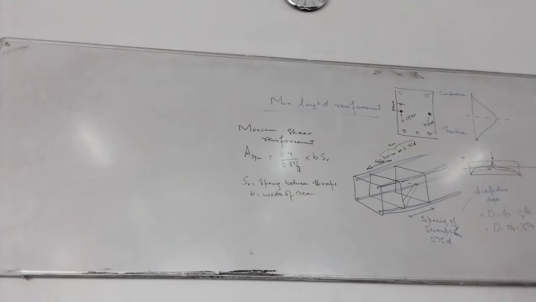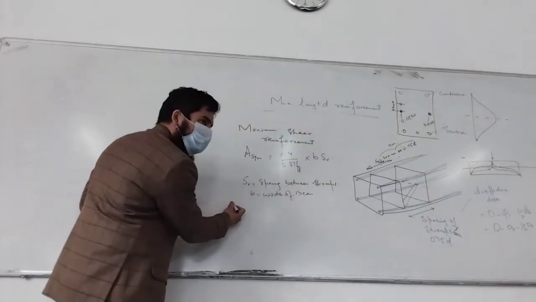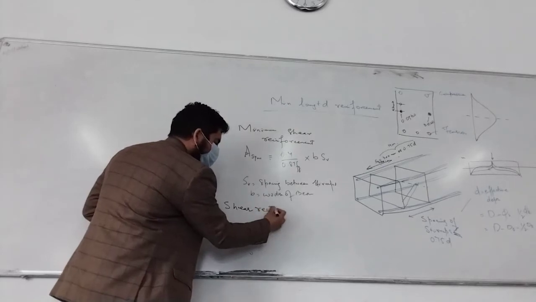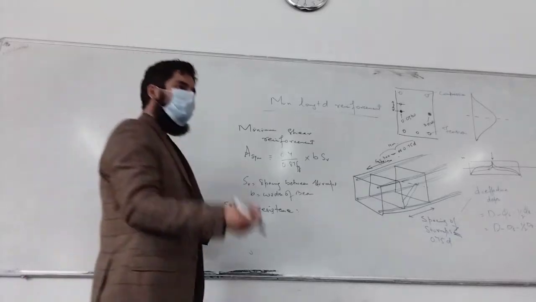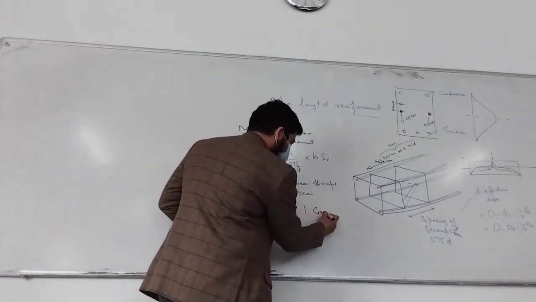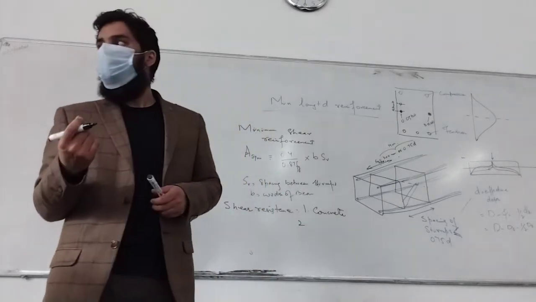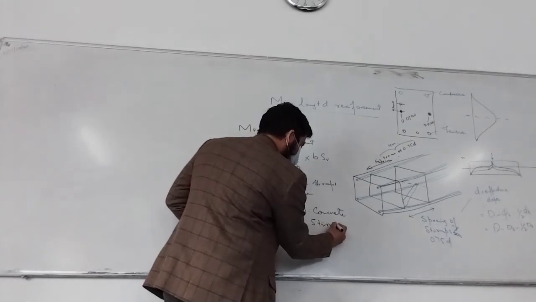Now there is a term given here, design shear strength of concrete. Shear is resisted by three things, as I told you before. One, shear resistance is provided by what things? First, by the concrete. Second, by the stirrups. Third, by the bent-up bars.